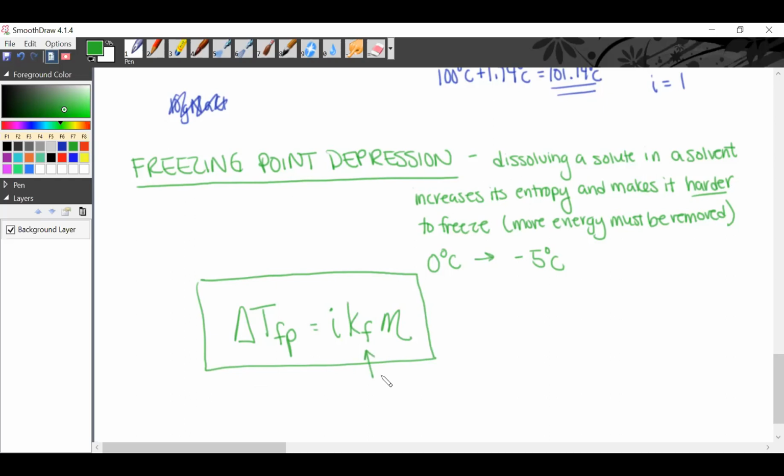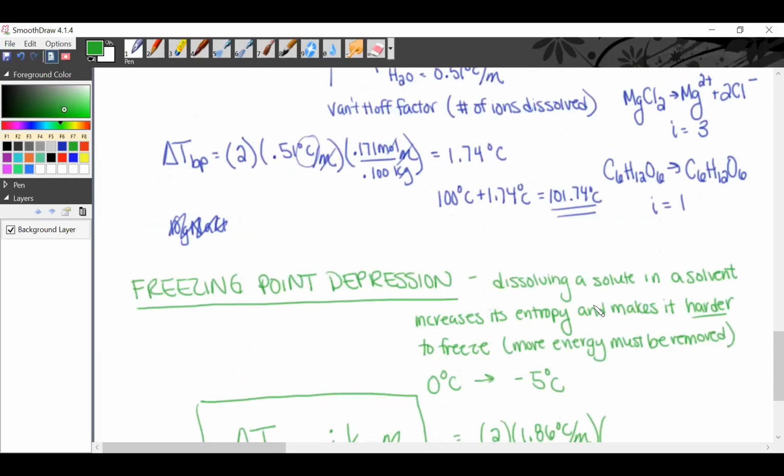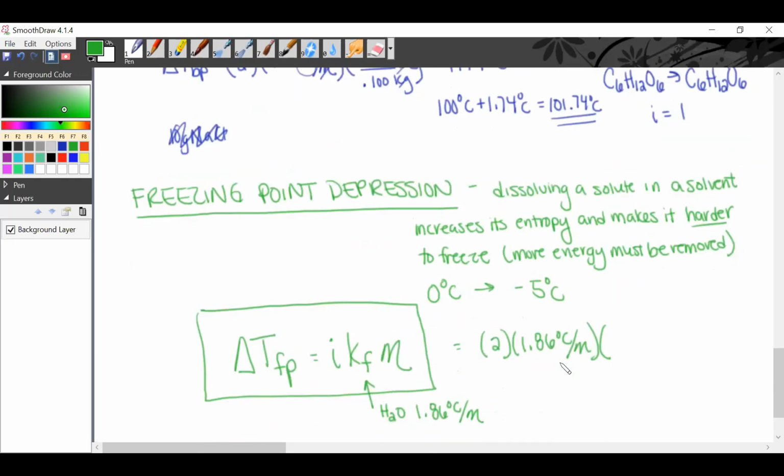The freezing point depression constant for water is 1.86 degrees C per molality. So we could calculate it. I guessed -5, that's probably not right, but whatever. You can plug and chug. If we're using the same example from above, my molality was 0.171 over 0.1 molal.